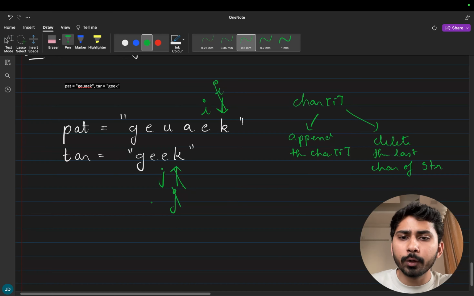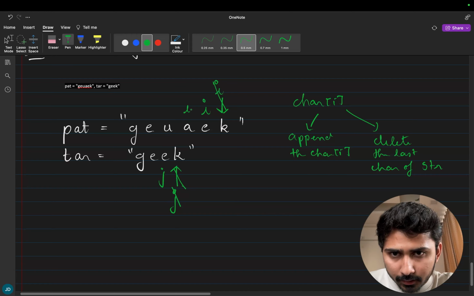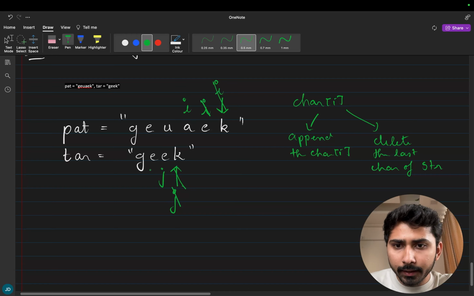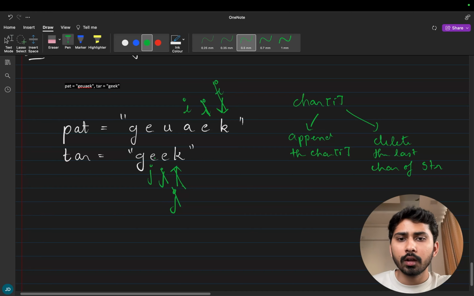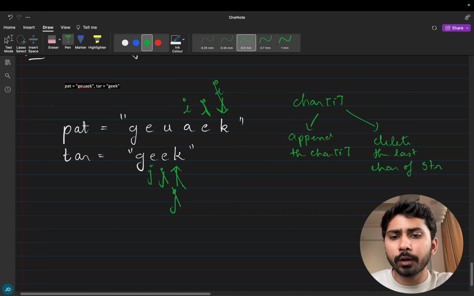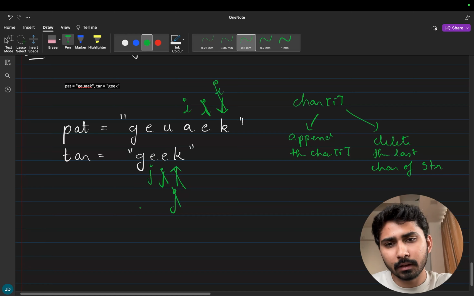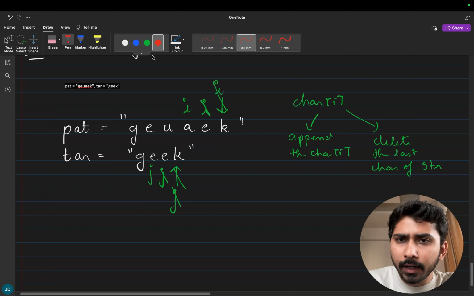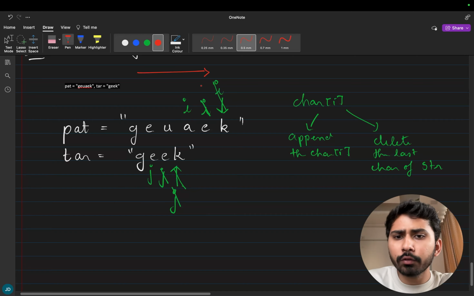Okay. Now moving on forward, I will be at A and j will be at this position. Now I can see that i points to A and j points to E, so this A and E are not the same. If you had started the approach from left to right, what would you have done?